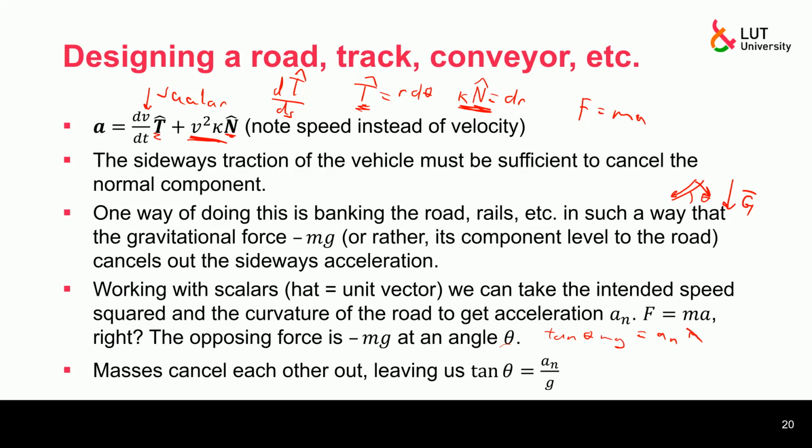Okay, these cancel out. Divide by g, we get this an over g must be tan theta. So from this we can solve that theta equals arctangent of an over g, and that's how you could solve what should be the angle of a road if we want to have a specific velocity and we're having a curvature in the road.